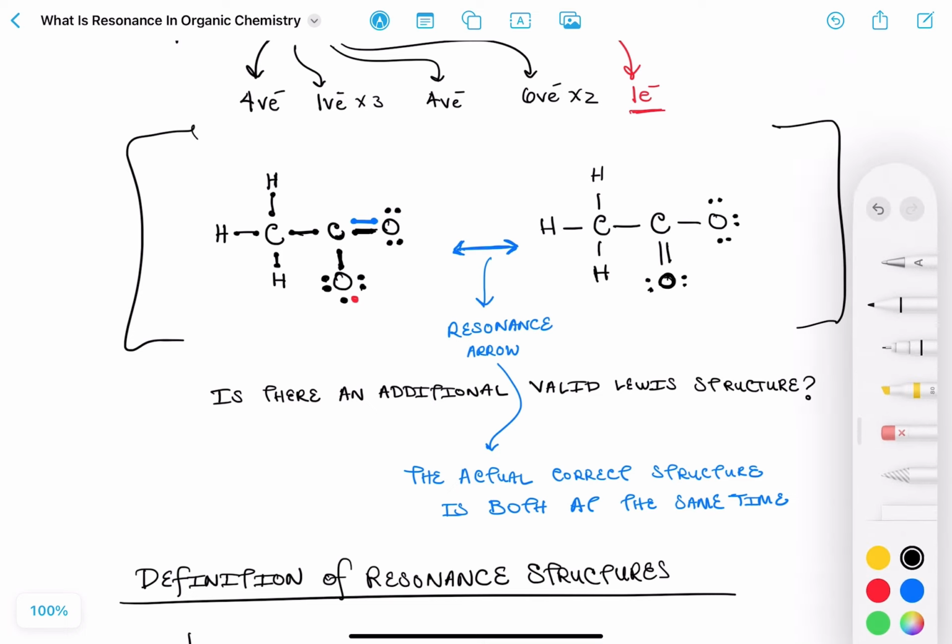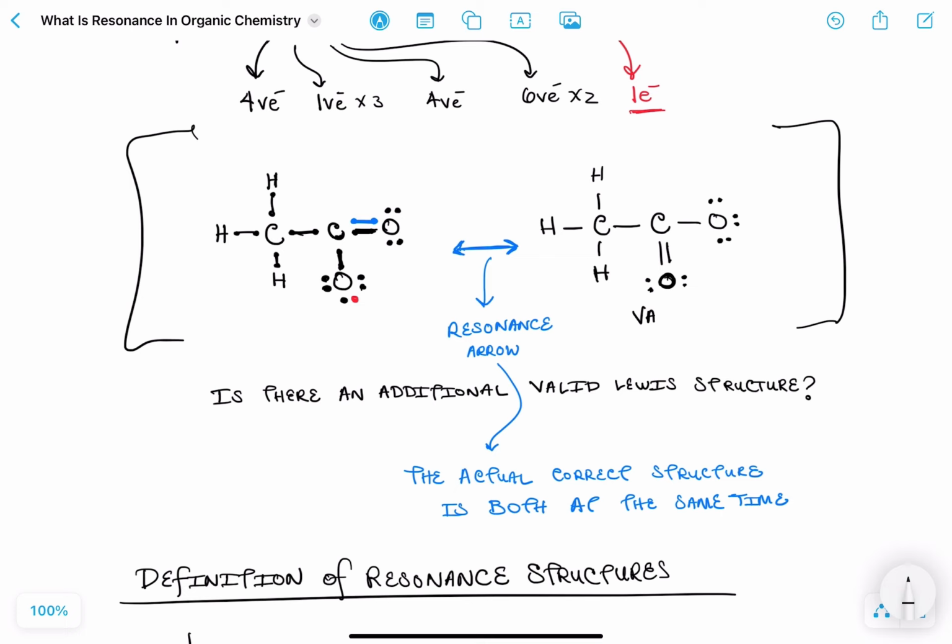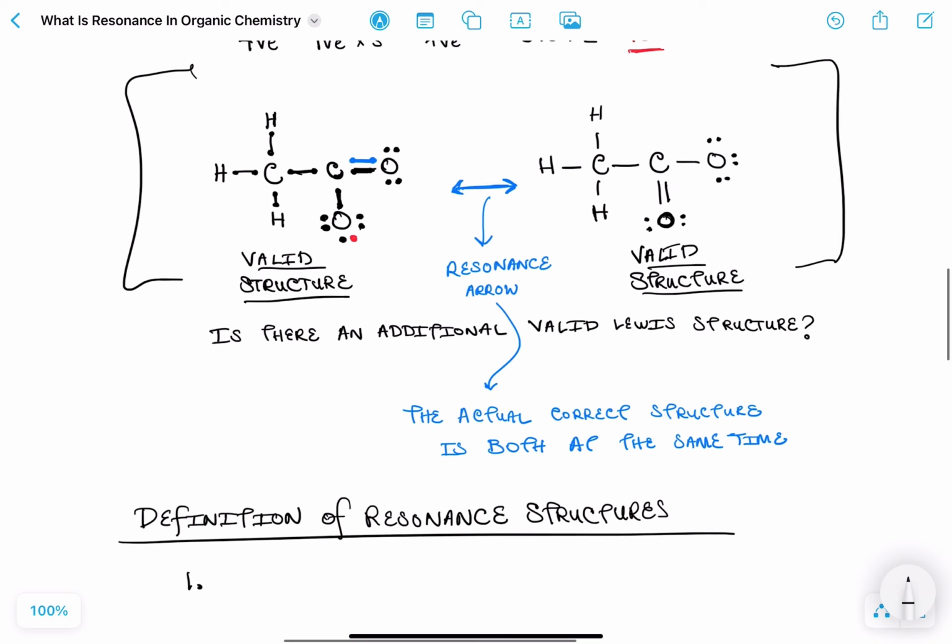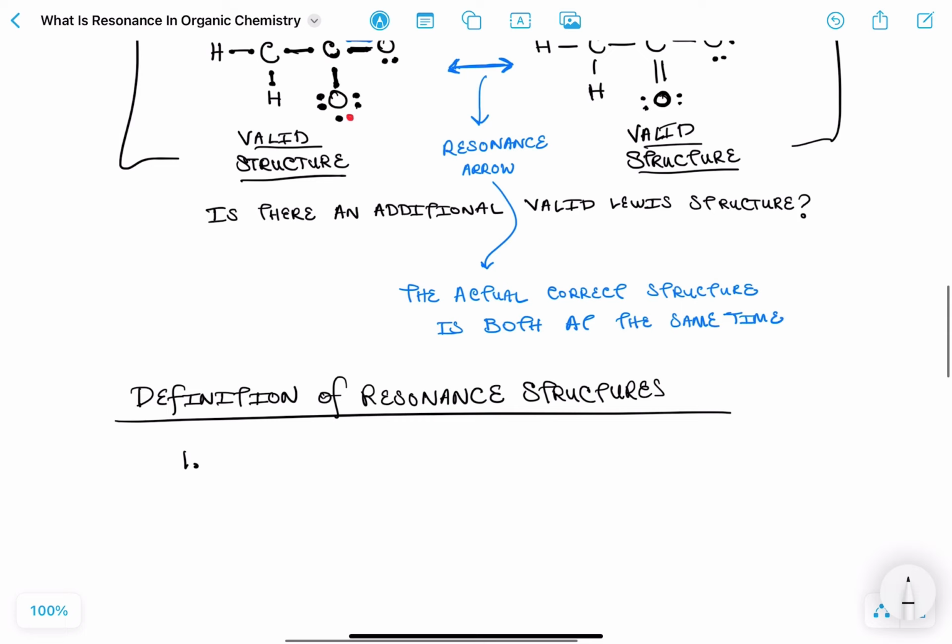And I'll go ahead and say that both of these are valid. They're both valid structures. So this is a valid structure, and that is a valid Lewis structure. So the definition of resonance comprises valid Lewis structures.